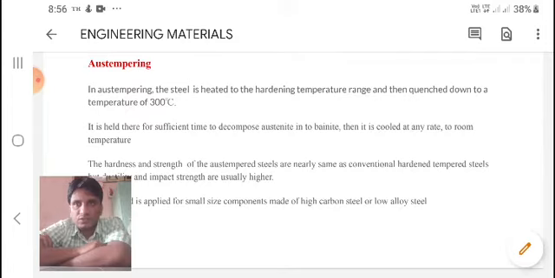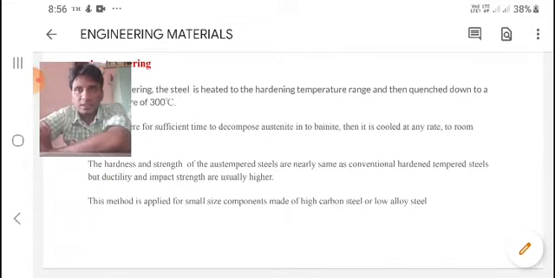The hardness and strength of the OS tempered steels are nearly the same as conventional hardened and tempered steels, but ductility and impact strength are usually higher.